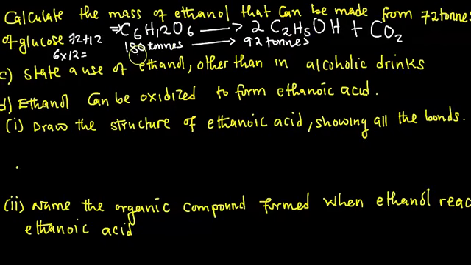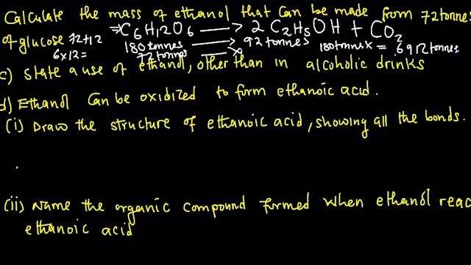So this means that when 180 tons of glucose undergo fermentation, it produces 92 tons of ethanol. What about 72 tons of glucose? How much of this will be produced? When you cross multiply, 180 tons times x equals 72 multiplied by 92, which gives me 6,912 tons.